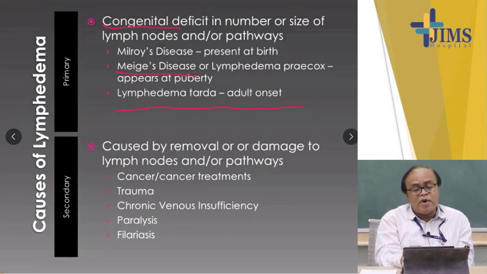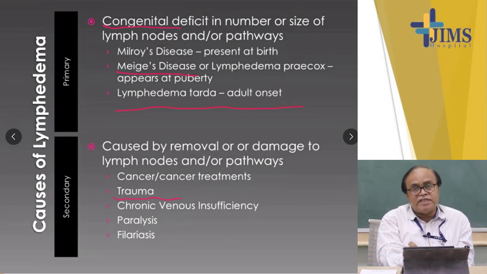Or after trauma, mainly degloving injury of the limbs, where total avulsion of the skin and tissues occurs, and after treatment and repair, the original function does not exist, and that may lead to lymphedema.